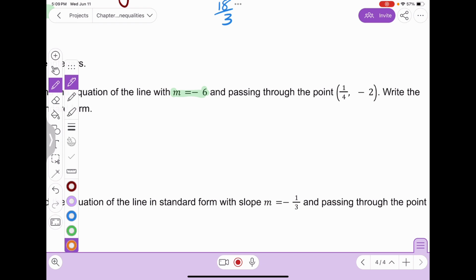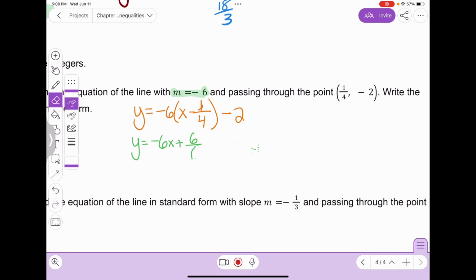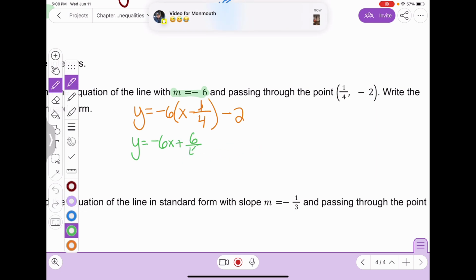So the first thing we're going to do is write it in point slope. So y equals negative 6 times x minus 1/4 minus 2. I'm going to distribute. So negative 6x plus 6/4 minus 2.